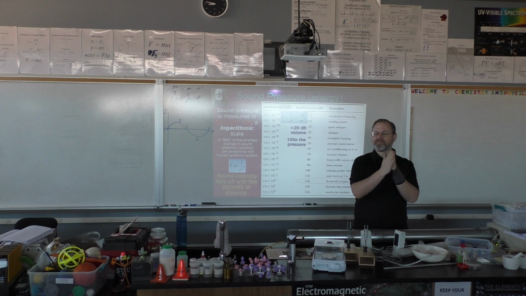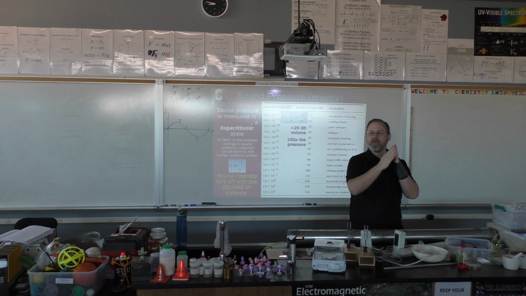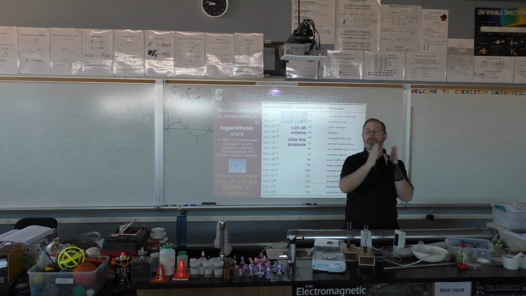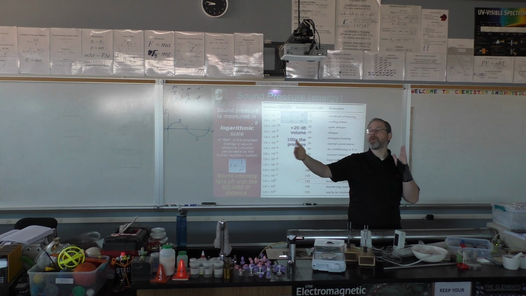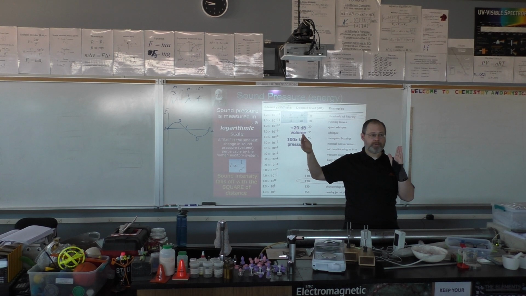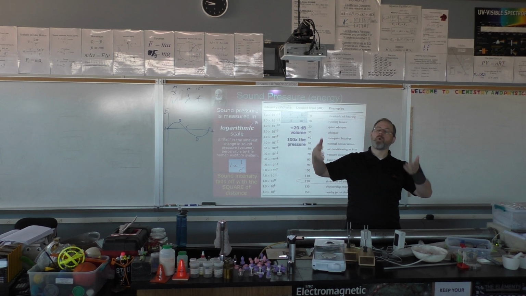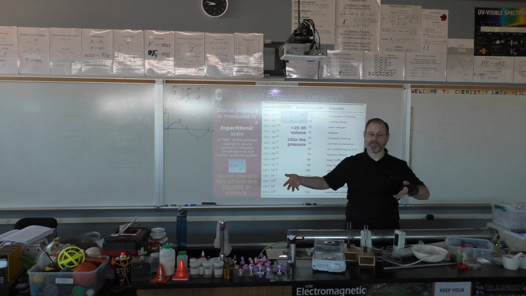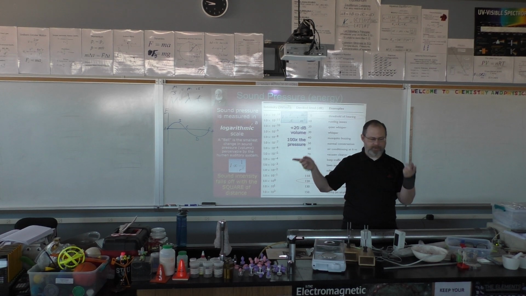So if you look at the sound at 1 meter and the sound at 2 meters, by doubling the distance, going from 1 meter to 2 meters, you will quarter the sound intensity. Okay, so we'll stop here, pick it up tomorrow.